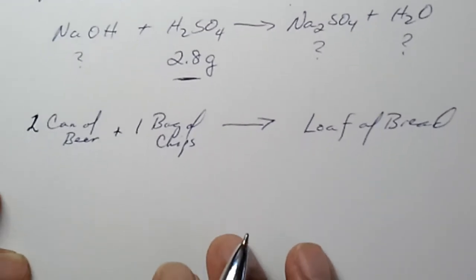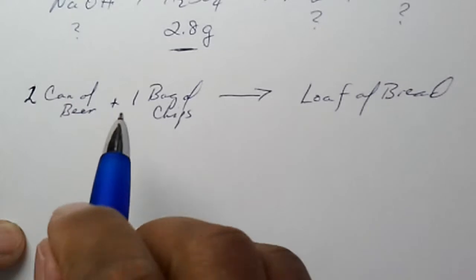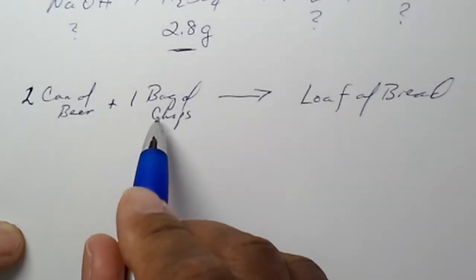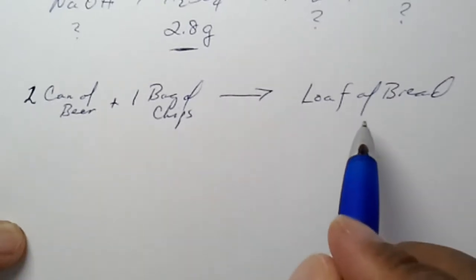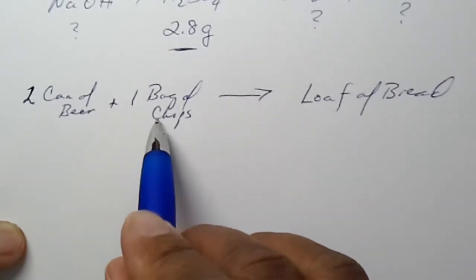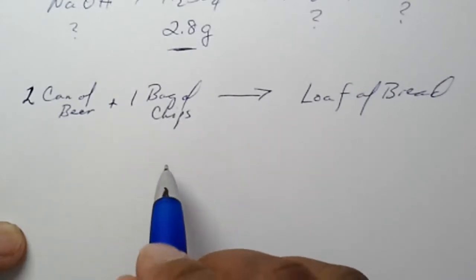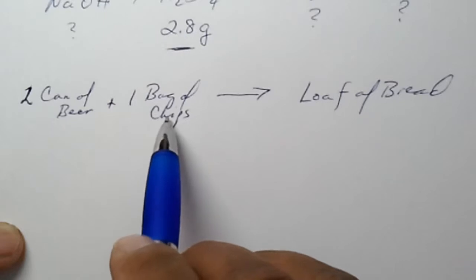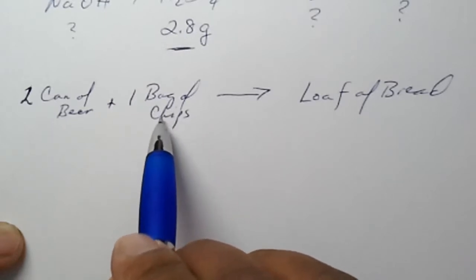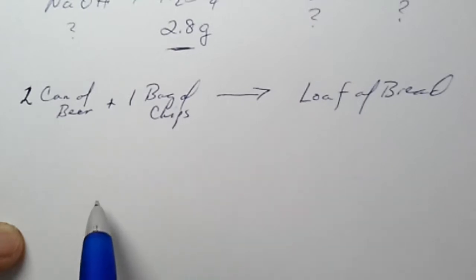Now, don't go out and try to figure out how to do this. Many can guess what the beer would be for, helping the bread to rise. The chips, I don't know. There's probably something to be said about providing not the yeast, but the flour, potato flour.